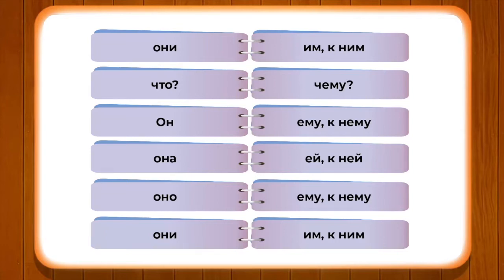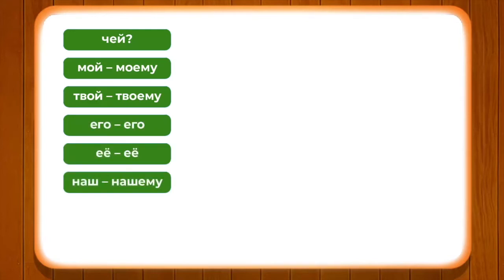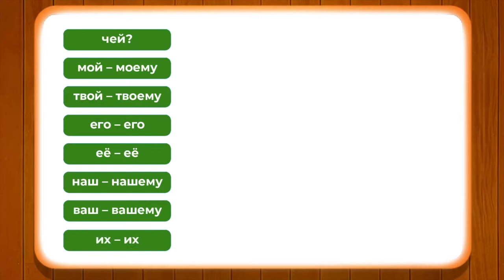Now let's pay attention to the possessive pronouns. After personal pronouns, possessive pronouns indicate, in the nominative, the question che, whose, so the answer is moi, tvoi, yavo, io, nash, vash, ich.